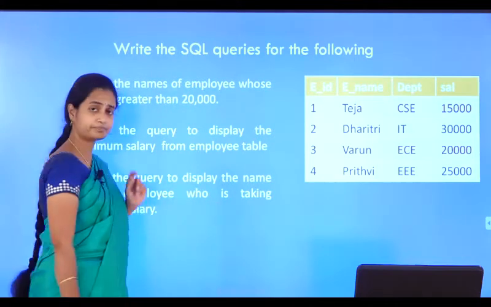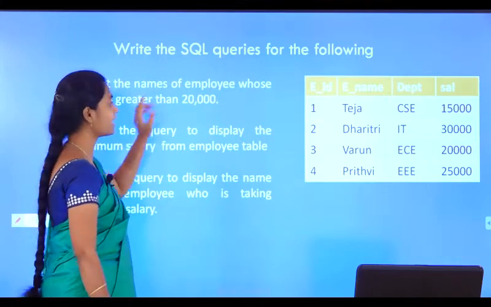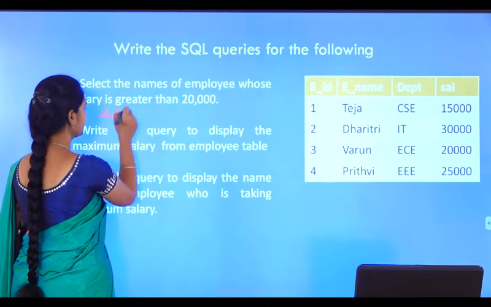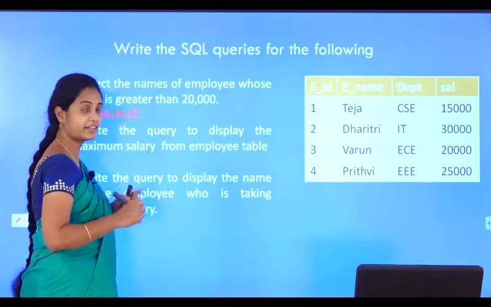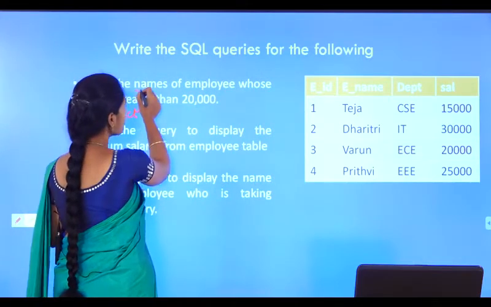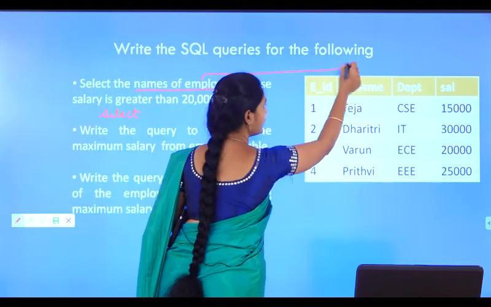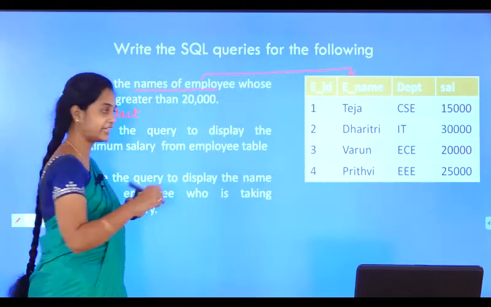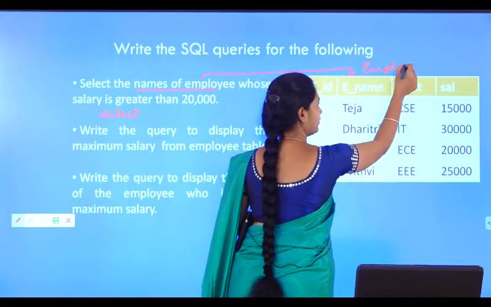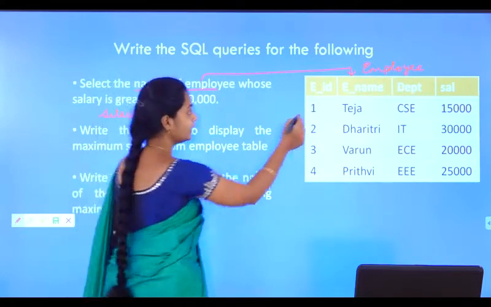So now what is the query here? I need to select the names of employees. How can I write it? Select, what do I want to select here? I want to select the names of employees. Which attribute in the employee table represents the name of the employee?